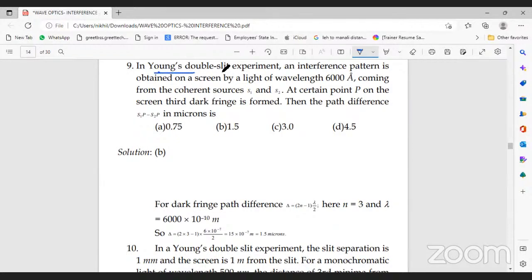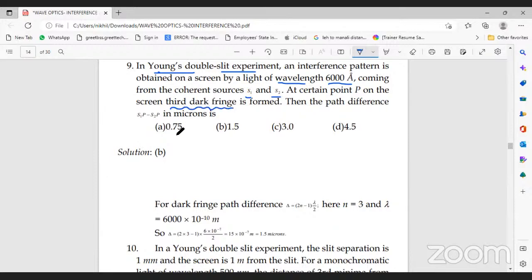In Young's double slit experiment, the screen is obtained with wavelength 6000 angstrom from the two coherent sources S1 and S2. Which fringe is formed?